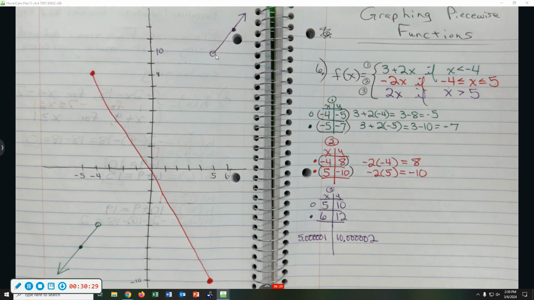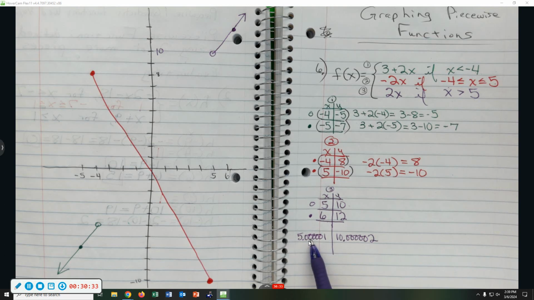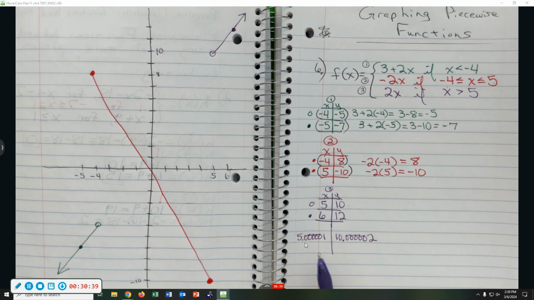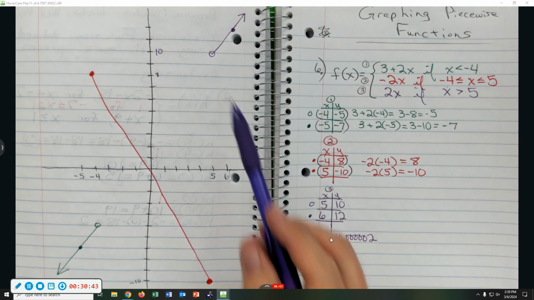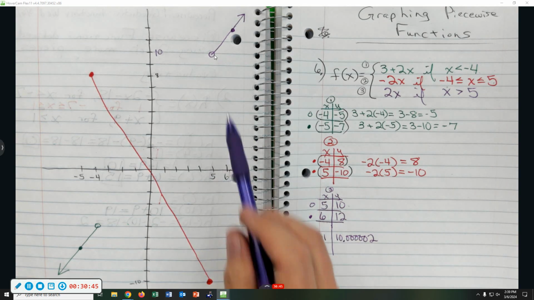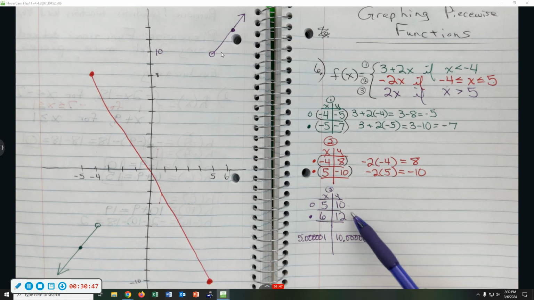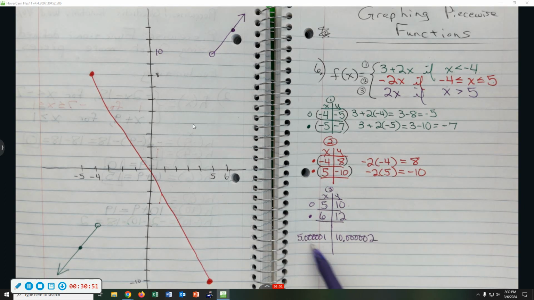If you doubt me that there are infinitely many, just start sticking in another zero before you get to the 1. You can keep sticking in more and more zeros forever. So you're getting closer and closer to 5. To the naked eye it looks like it's 5, and the y coordinate looks like 10, but in reality, it's just slightly different.